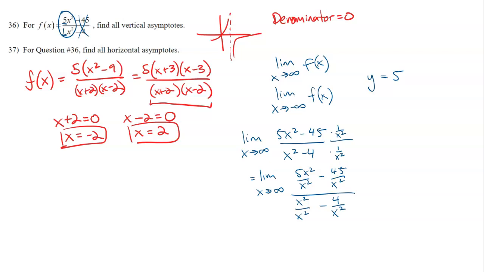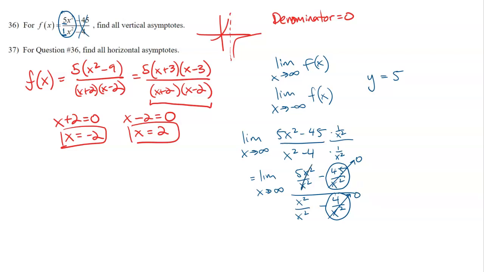Let's see what's happening here when we take this limit. Remember, one of the key things we saw is that if we take the limit to infinity with x in the denominator, it's going to go to 0, because 45 divided by a bigger and bigger number goes to 0. Same thing here. This goes to 0. This is why anything with a smaller power than 2, we can just know it's going to go to 0 without even thinking about it.